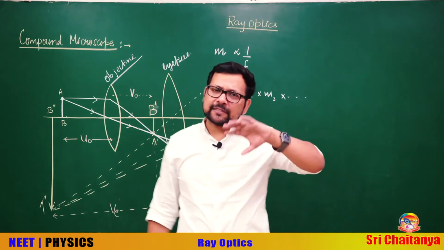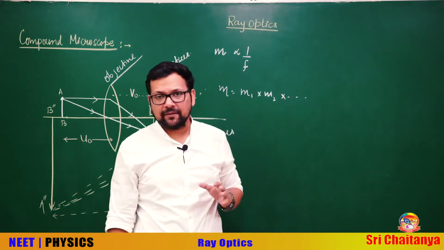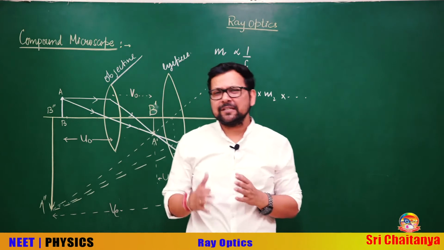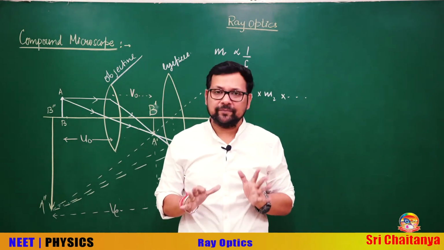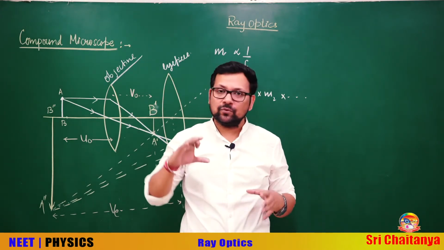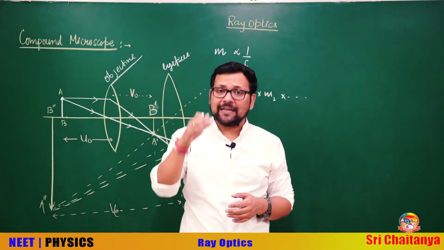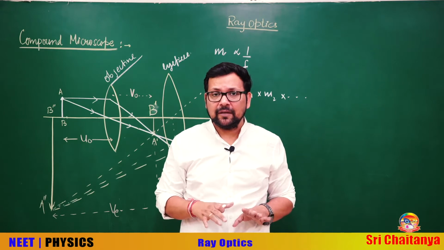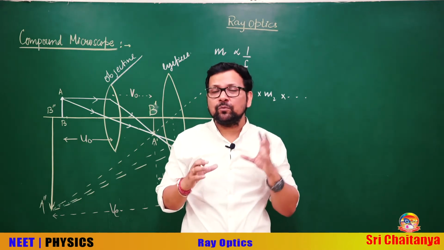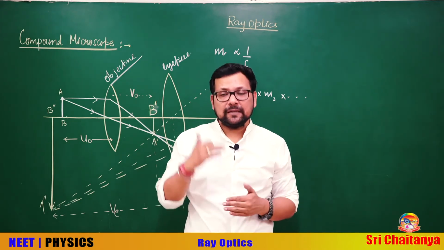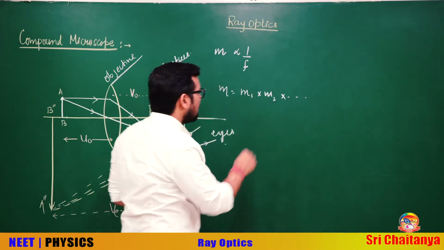Now, there is a very simple trick to memorize this. I won't suggest you do all the derivations here. For NEET, memorizing it is what's needed for your exam. But if you want to memorize it through a trick, here it is.